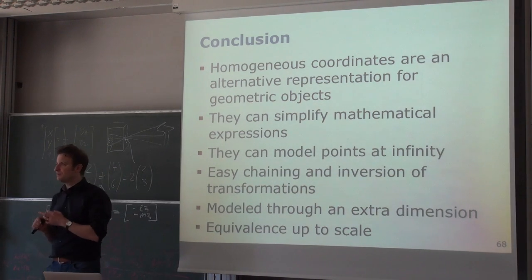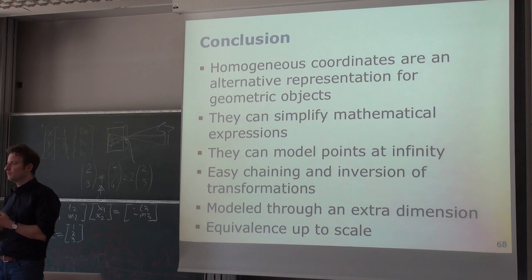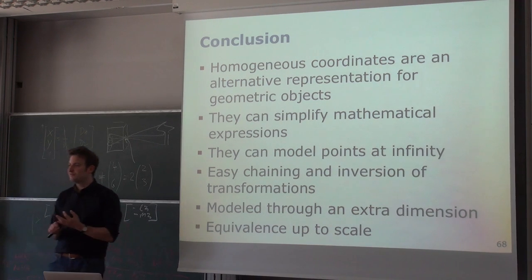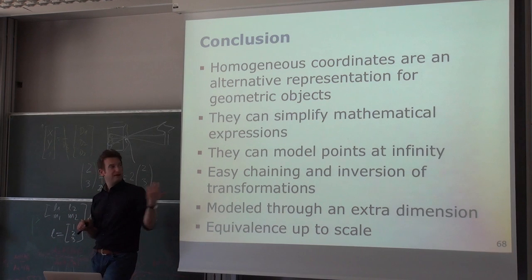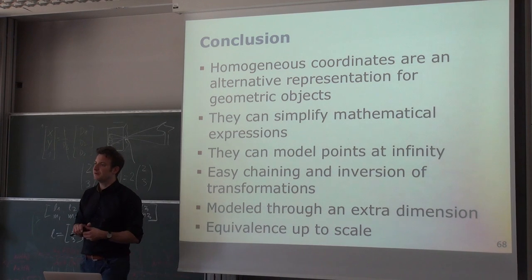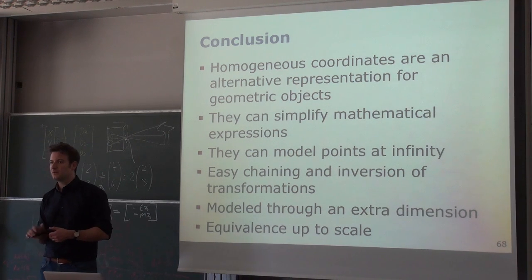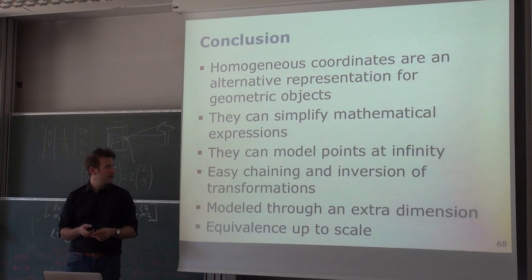We can explicitly represent points at infinity with finite coordinates. And we can very easily define the transformations that we have seen here, the projective transformations, in matrix form, so we can invert them easily and chain them in a very easy manner. And this substantially simplifies the mathematical equations that we typically face and have to deal with.